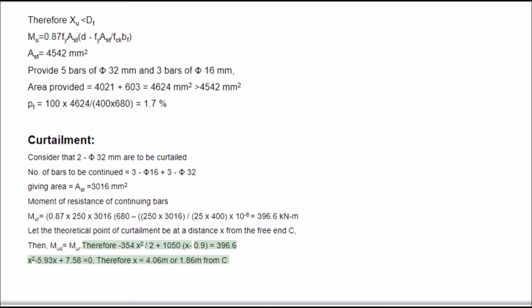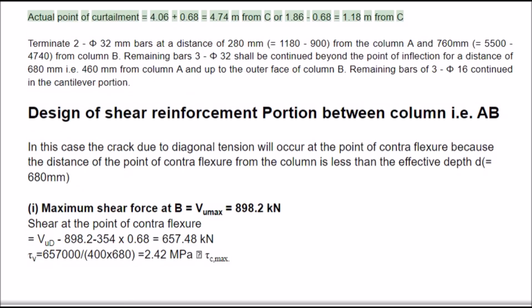Therefore x equals 4.06 m or 1.86 m from C. Actual point of curtailment equals 4.06 plus 0.68 equals 4.74 m from C, or 1.86 minus 0.68 equals 1.18 m from C.